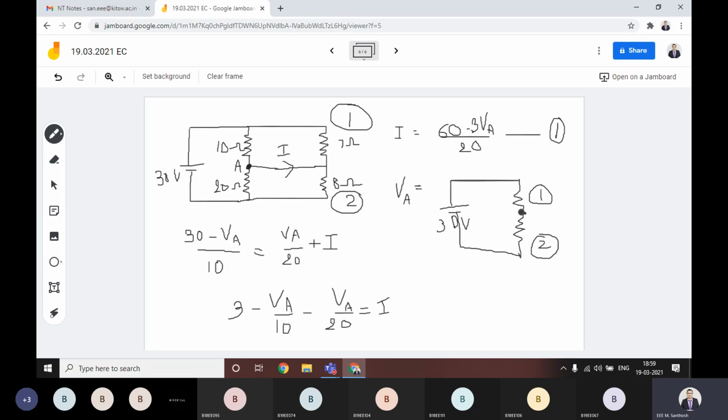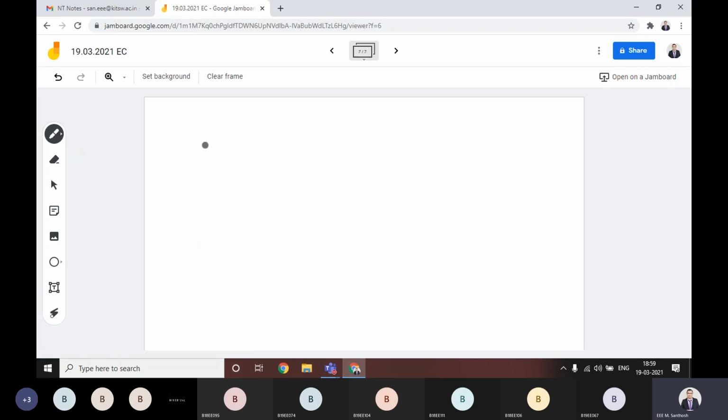I hope. Okay, for that reason what I am doing is, 30 is the total voltage into this parallel combination, 20 into 8. I am finding the value of VA directly. 30 into the parallel combination of 20 and 8.